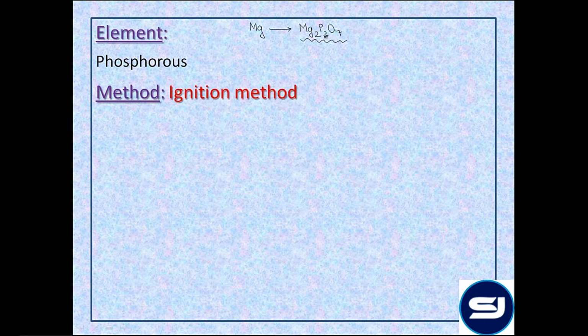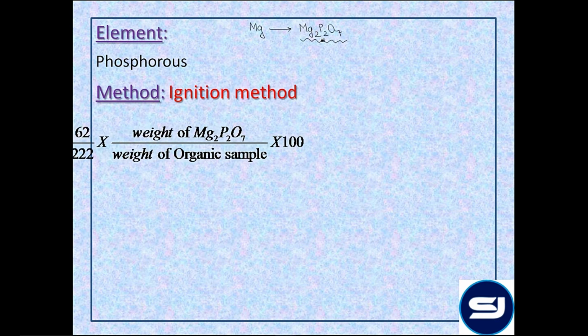It's P2. That is why there will be 62 gram of phosphorus in the total molar mass of 222 grams. So 62 upon 222 into weight of this compound upon weight of organic sample into 100. So this is the formula.